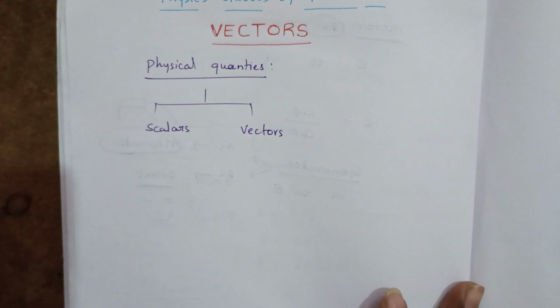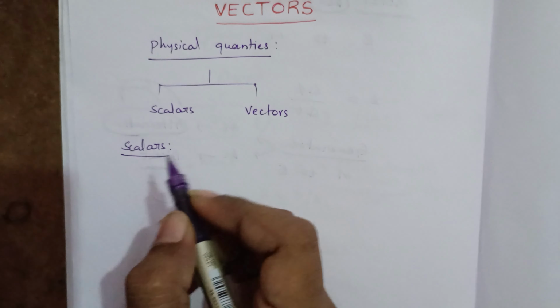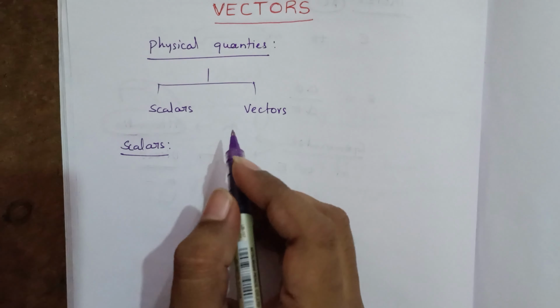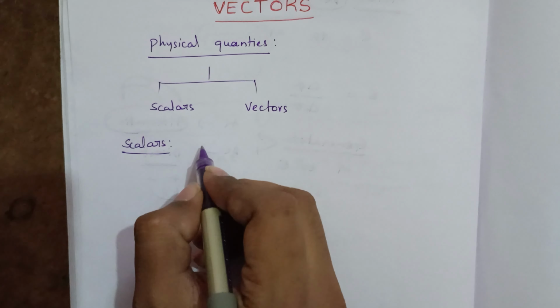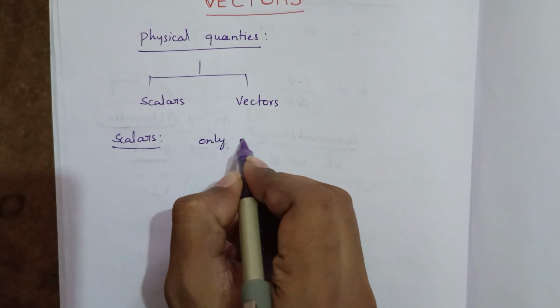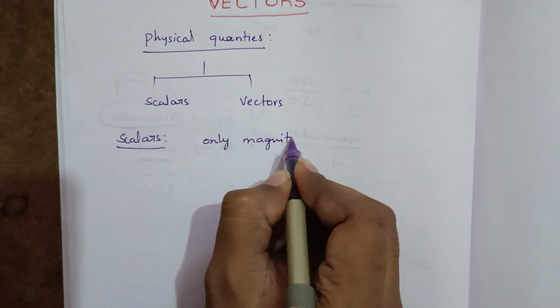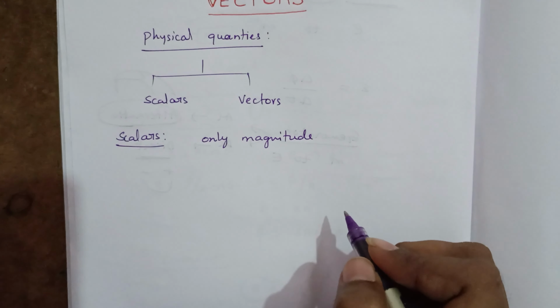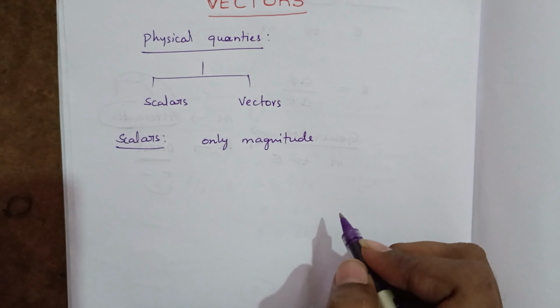Scalars means physical quantities which have only magnitude. Physical quantities which have only magnitude are known as scalars.